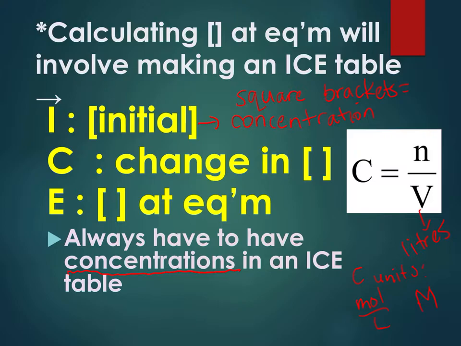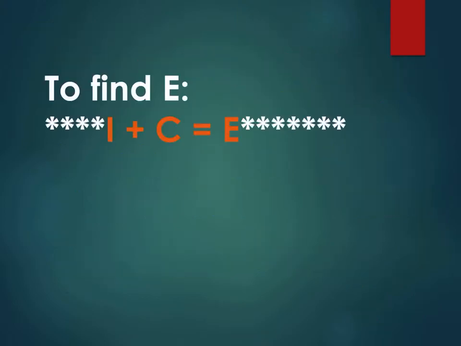So then when you have an ICE table, so the initial amount, right? So you're a scientist, you know how much reactant or product you put in, and then it starts to change, and maybe you don't know quantitatively how much it's changing, and then you need to figure out what the equilibrium concentration is as well.